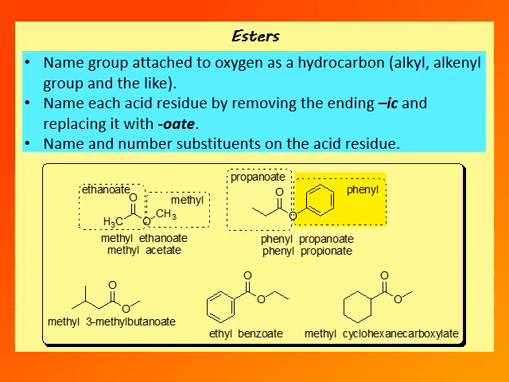In the next example, substituent on oxygen atom is benzene ring, so phenyl, and 3-carbon carboxylic acid has systematic name of propanoic acid, so this becomes phenyl propanoate. Trivial name of 3-carbon carboxylic acid is propionic acid, so trivial name becomes phenyl propionate. So make sure to distinguish trivial from systematic name as they are very similar. Systematic name is phenyl propanoate and trivial phenyl propionate.